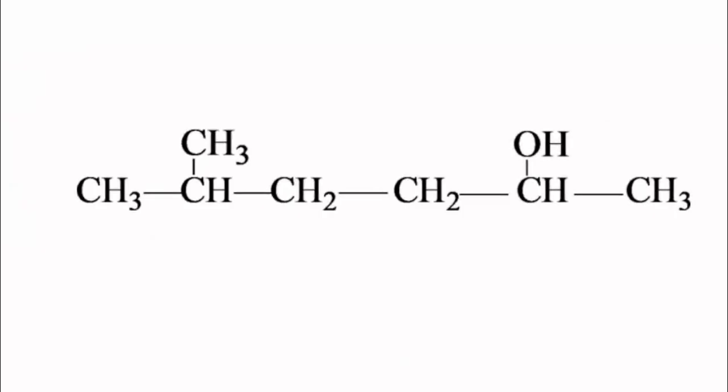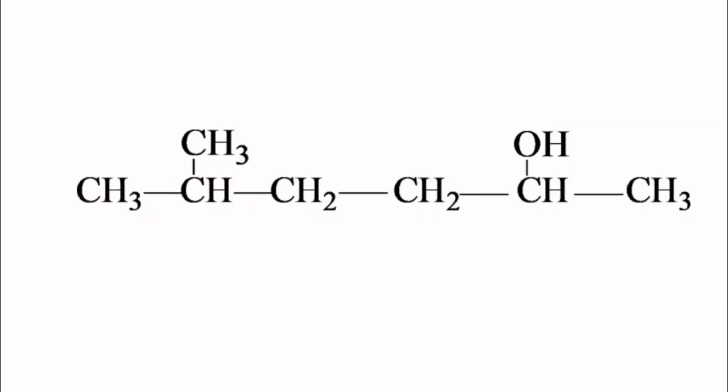So when we have an alcohol, similar to what we have done so far in the semester, we must find the longest continuous chain of carbon atoms. That longest continuous chain of carbon atoms needs to include the carbon that is holding the OH.